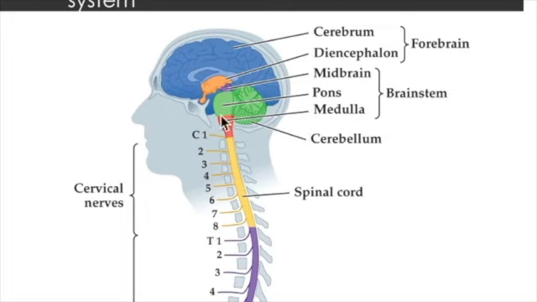Okay, so another way to subdivide the human central nervous system is at different levels. We already talked about the spinal cord, and above the spinal cord we have the brainstem, and that includes the midbrain, pons, and medulla.